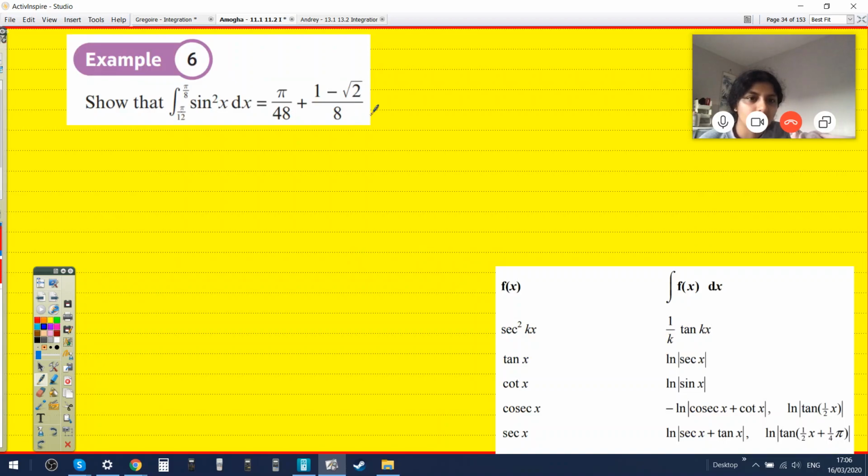Okay, we have to use double angle formulae. So cos 2x is equal to 1 minus 2 sine squared x.